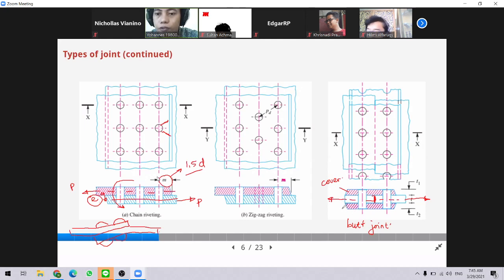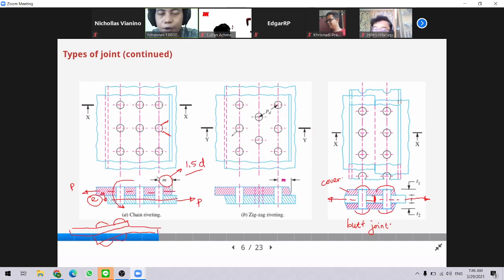We have two covers on the upper and lower side of the plate, and we put the rivet between them. Here we call this a double cover butt joint, because we have two covers and two rows of rivets.